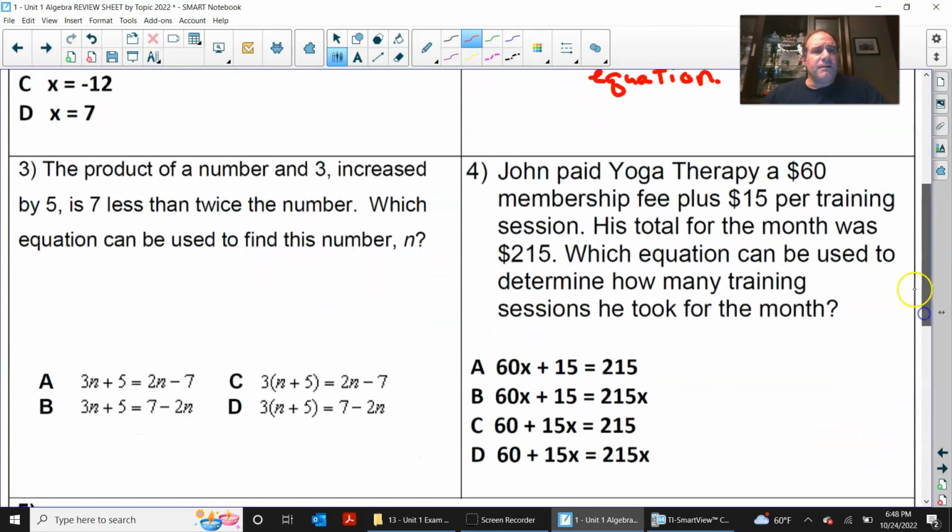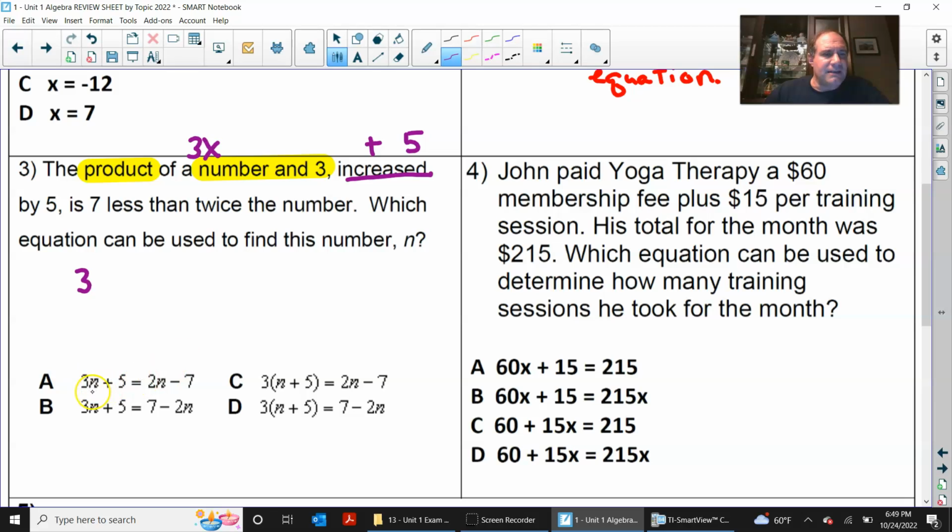Product of a number and 3. We're going to slow it down just a little bit. The product means multiplication. A number and 3. The product of a number and 3 is 3 times x. Increased by 5. That's plus 5. So far we have 3x.